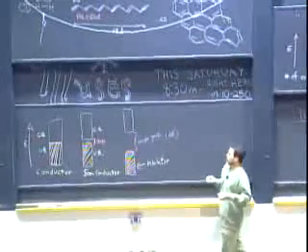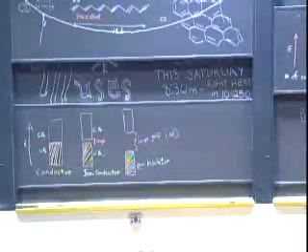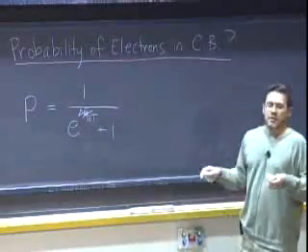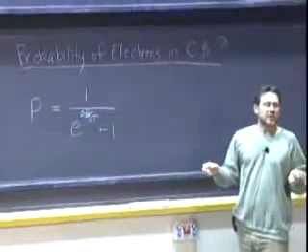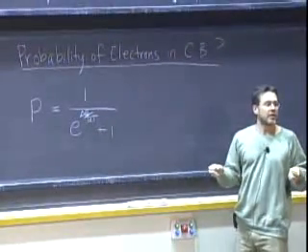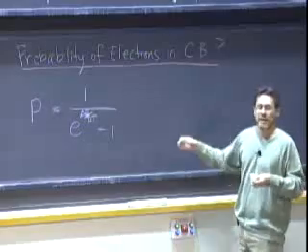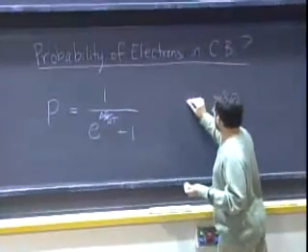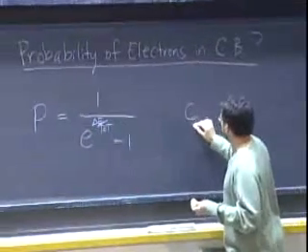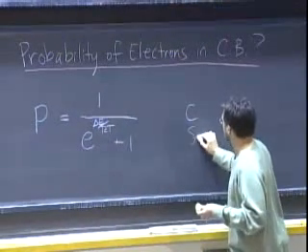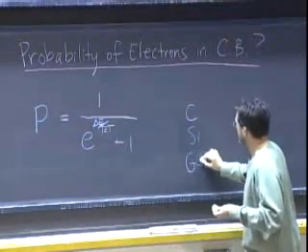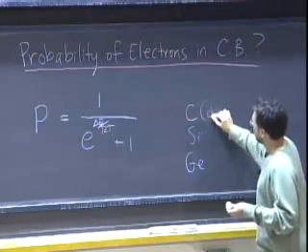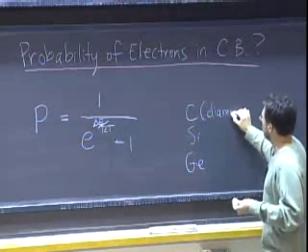And so it's possible then to go ahead and estimate the number of electrons that would be present in a cubic centimeter of your material in the conduction band as a function of this energy gap. And so we can consider that for materials like carbon or silicon or elemental germanium. In the case of carbon, I'm talking about diamond.